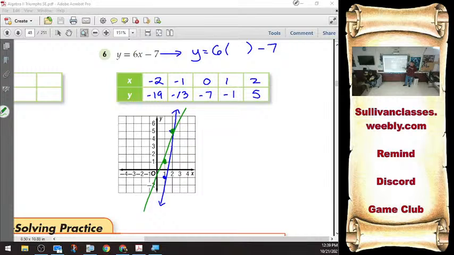In this case, we didn't have enough room to fit 3 points. Oh well. We just had to do 2 and hope for the best. But this is why we want 3 points, because if one of them was off, it screwed up the whole thing. Okay? It's also why we want to double check things with a calculator.